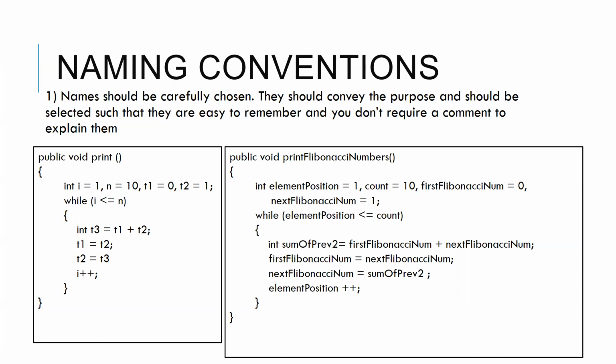Whereas if you look at the code on the right hand side, the name of the function is printFibonacciNumbers, which tells us that this function prints the Fibonacci series of numbers, and the variable names have been chosen quite carefully as they represent the role that they play in printing the Fibonacci numbers.